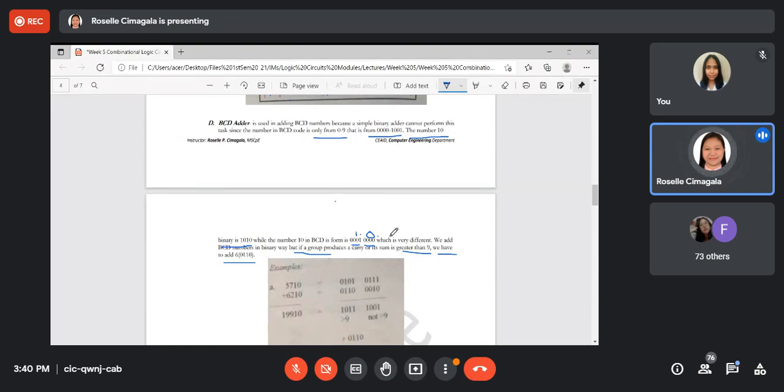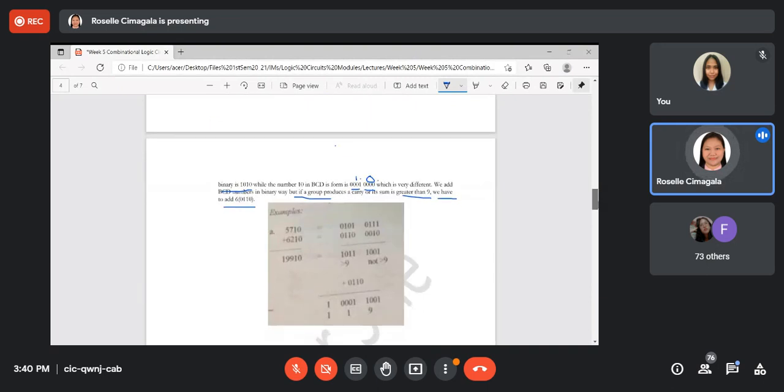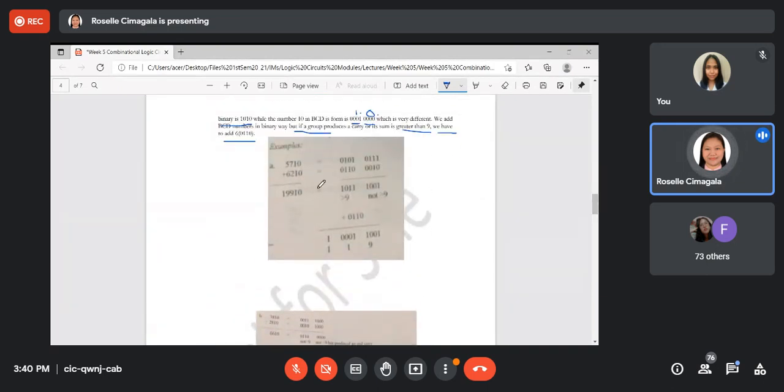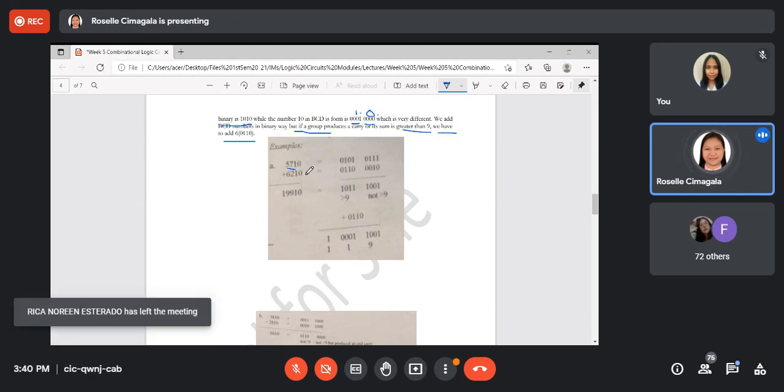So, for our BCD addition, let's say for example, we add decimal 57 plus decimal 62. When we add this, the sum goes beyond 9 so there is a carry. So we represent decimal 57 and 62 using BCD.